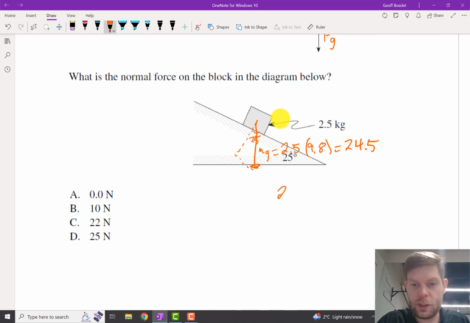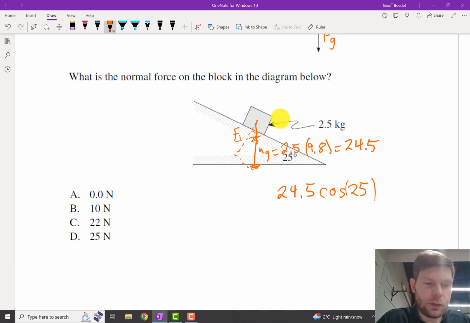So all we need to do is 24.5 times sine of 25. Oh, sorry, my bad. We are not looking for F parallel, which we usually are. We are looking for F perpendicular, which is adjacent to the angle. So it'd be 24.5 cos 25. Which would leave it probably at 22, wild guess.